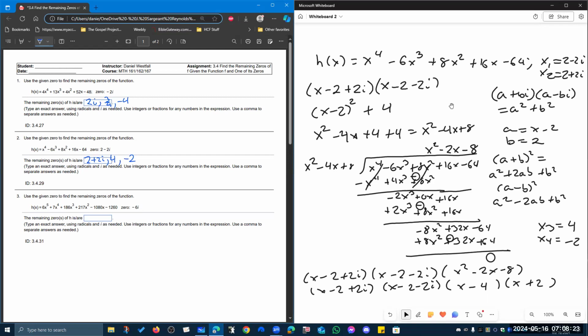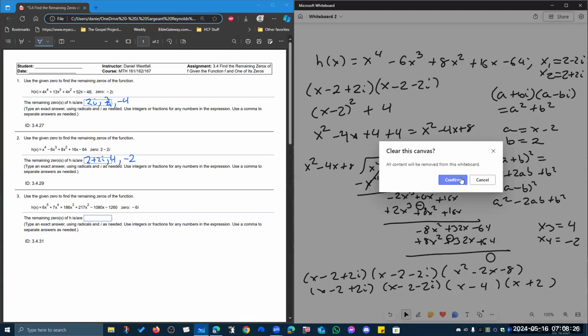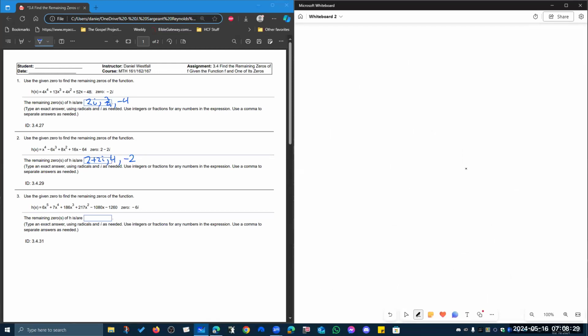Let's go ahead and clear this and work on my last one here. h of x is equal to 6x to the fifth plus 7x to the fourth plus 186x to the third plus 217x to the second minus 1080x minus 1260, and x1 is equal to negative 6i, which means x2 has to be positive 6i.